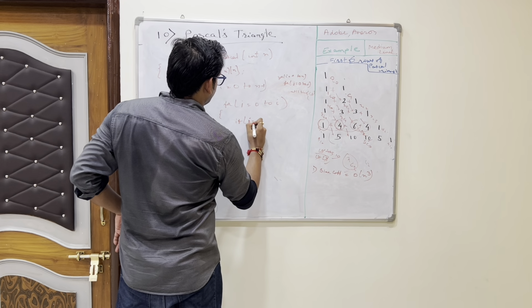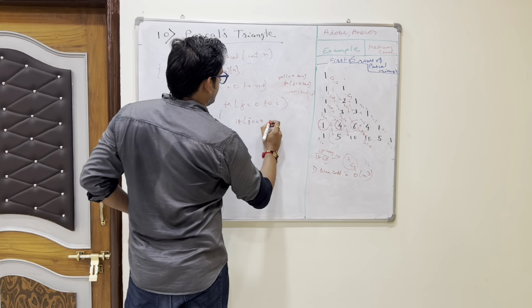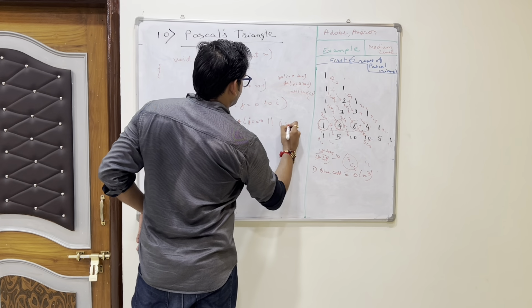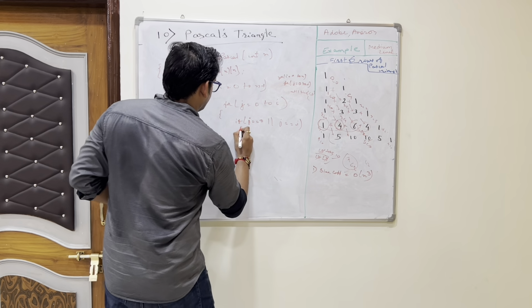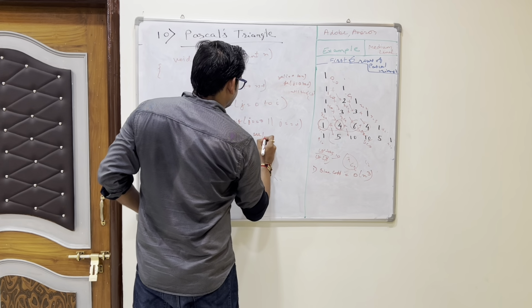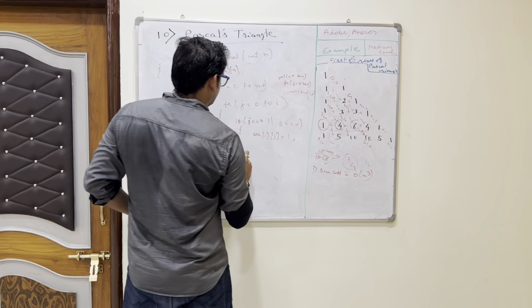If j is equal to 0, because we will always be starting with 0 to i, or j is equal to i, the last element of the row, then array of i j is equal to 1.